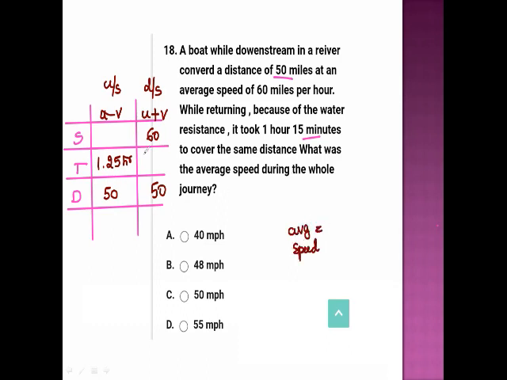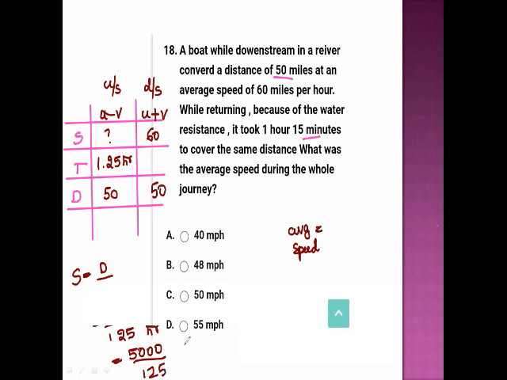First we need to find out the speed of the boat on the upstream side. We can easily find this. There is nothing more to the logic here: speed is equal to distance by time, which is 50 divided by 1.25. The 50 is in miles and the time is in hours, so no need to worry. Multiplying by 100 on both sides, it becomes 50,000 divided by 125.